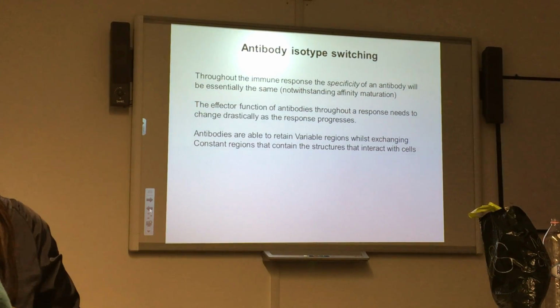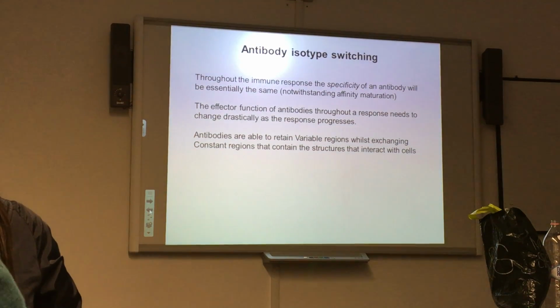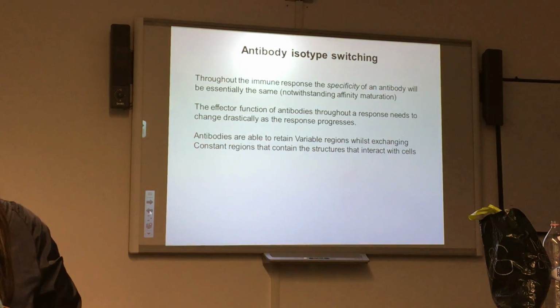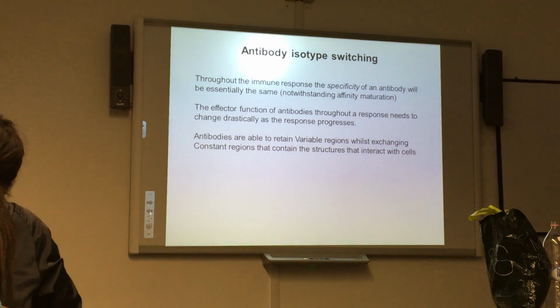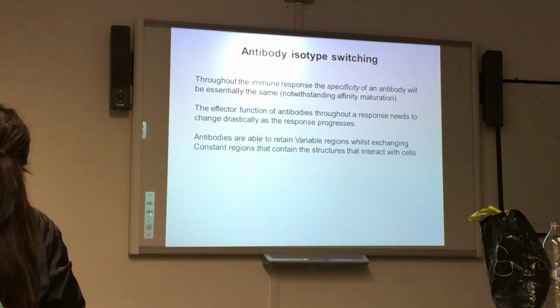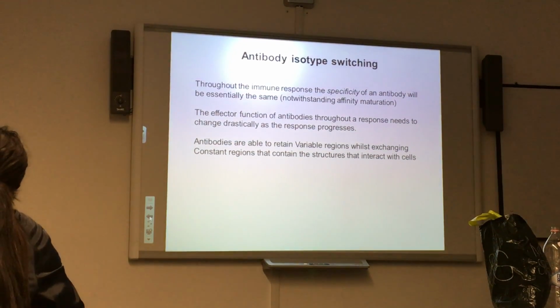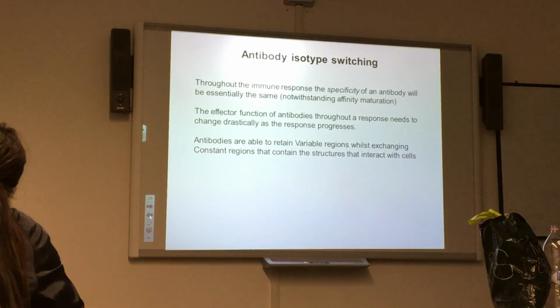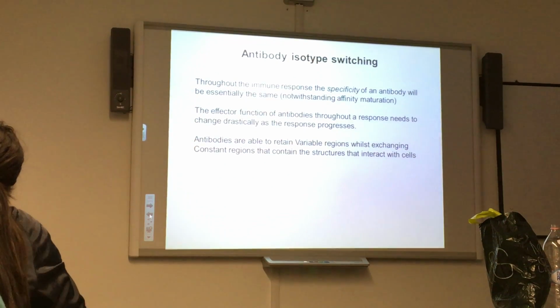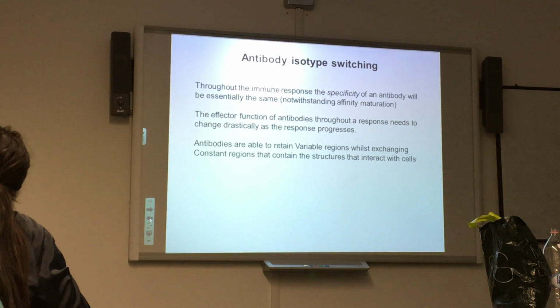But the constant region also has effector function. They bind to the Fc receptor. And the isotype determines the specific Fc receptor which binds this antibody.